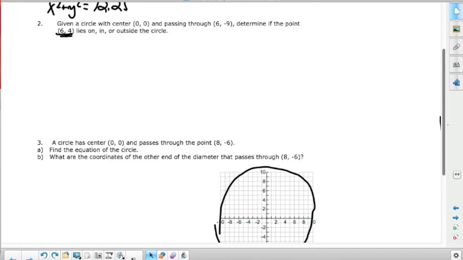What equation? Plug in the coordinates to the equation of the circle. Okay, well, so we can work with the equation of a circle. I think Rob wants to tell us something.